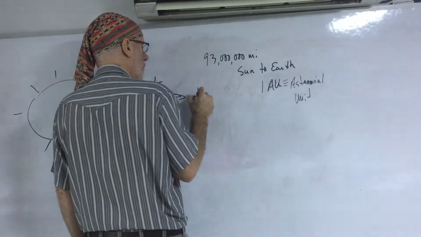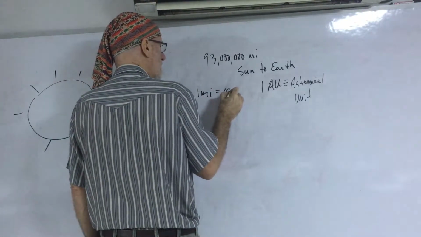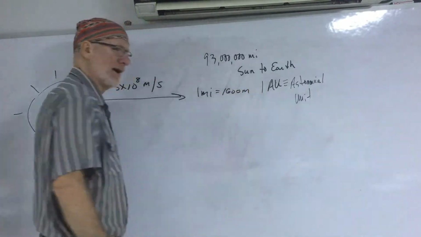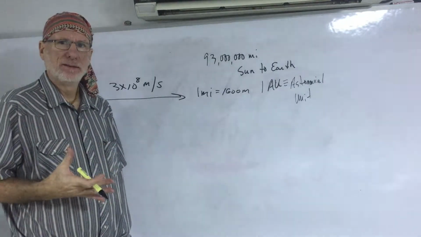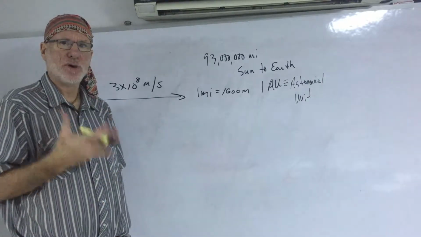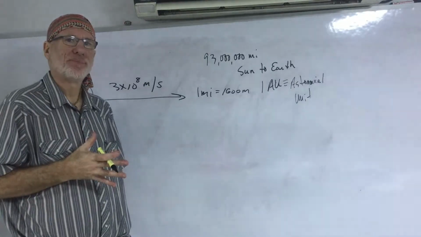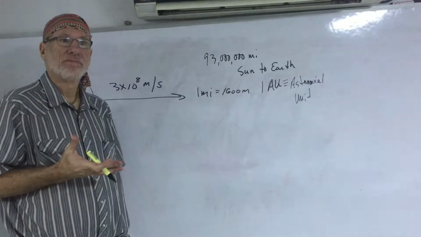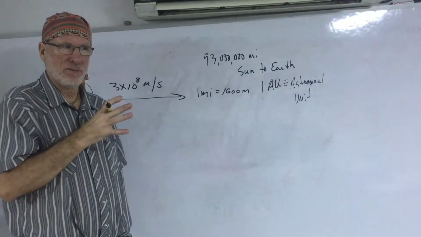We know 1 mile equals 1,600 meters. Right? How long does it take the light to go from the sun to Earth? So, what do I do?